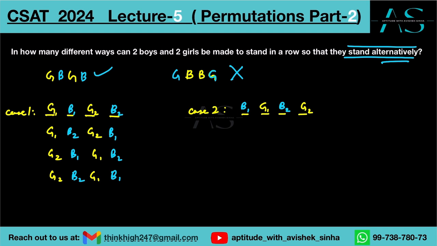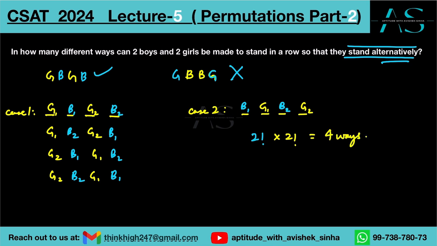And how do you proceed with the cases? Just understand. In order for the boys to occupy places, how many places can the boys interchange their position? 2 places. How many places can girls interchange? 2. How many girls are there? 2. So boys can be arranged in 2 factorial ways. Girls can be arranged in 2 factorial ways. The answer comes down to 4 ways.